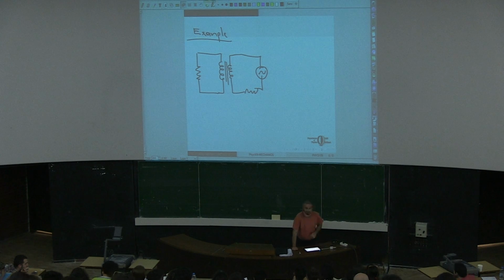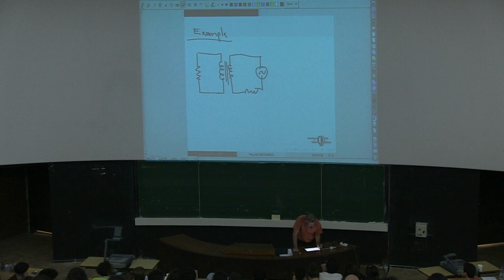Okay, now let's look at this example. First, again, you have to choose some direction for the currents. I1, I2, this is epsilon.